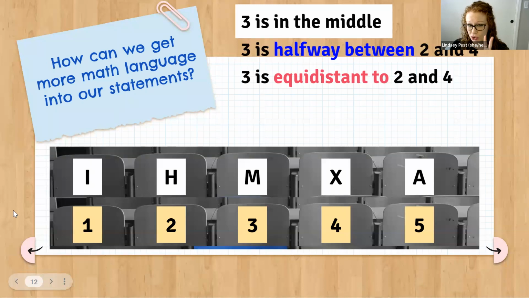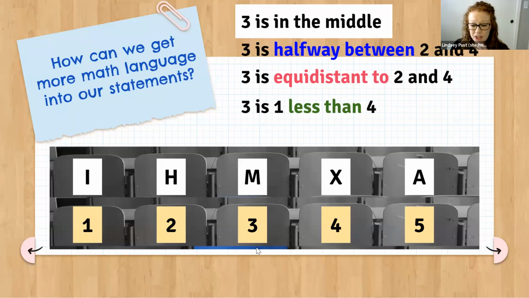I'm going to give us 2 more vocabulary words that we can use to describe where 3 is in relation to the other numbers. We could say 3 is 1 less than 4. 3 is 1 less than 4.